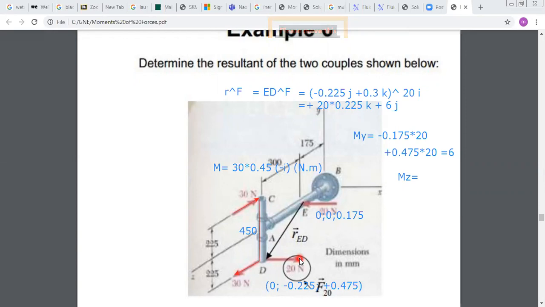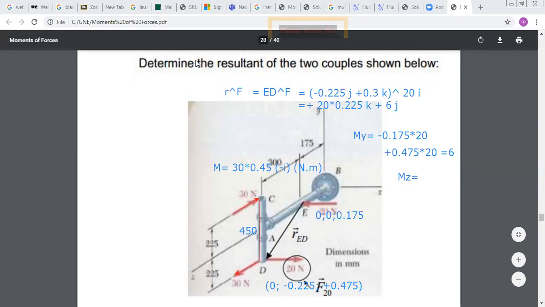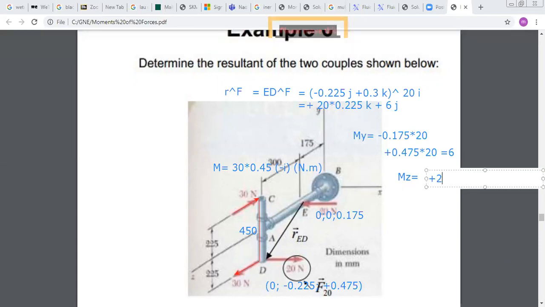Positive. So we also got the same result, that along Z we have plus 20 times 0.225. But as you can see, the vectorial method is much easier. In one step, you directly get your resultant moment. If you want to use the conventional 2D method, you should take first the moment about Y, moment about Z, and moment about X. Any question for this?